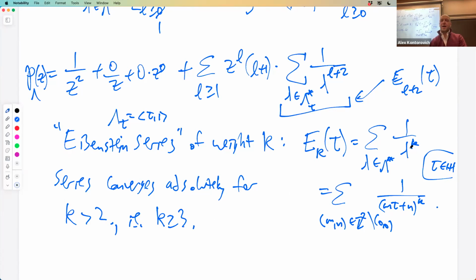Wait a second. If k is odd, then whatever plus value of lambda I have, I also have a minus value. And they'll all get added together. And k is odd, so the Eisenstein series E_k of tau is identically 0.